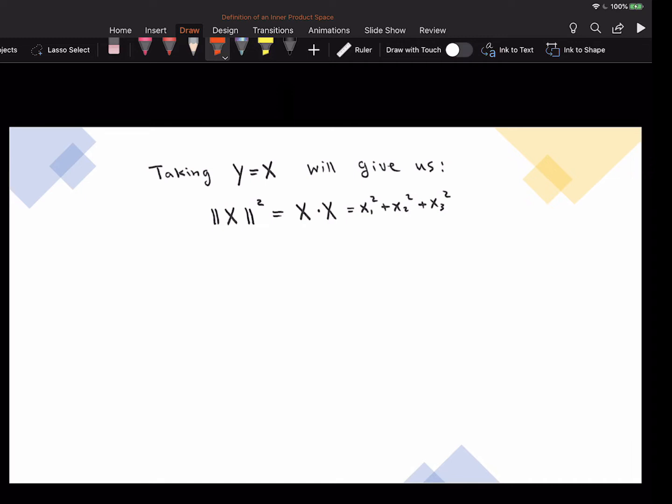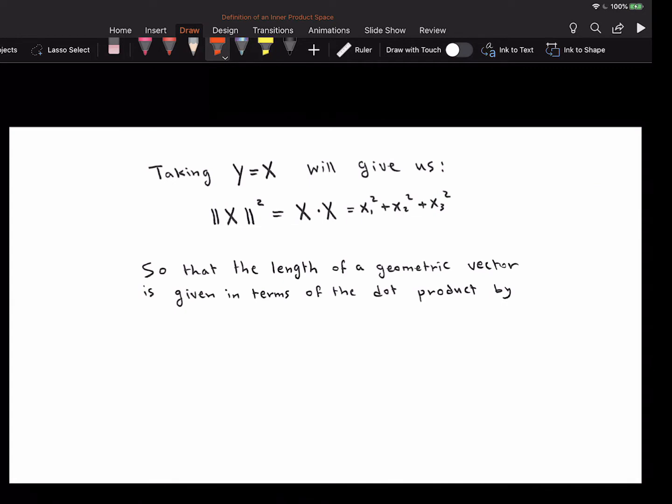If the two vectors are equal, so taking y equals x, will give us the following. The magnitude of x squared, which is x dot x, will equal x1 squared plus x2 squared plus x3 squared. So the length of the geometric vector is given in terms of the dot product by the following.